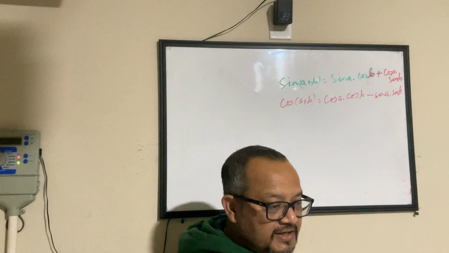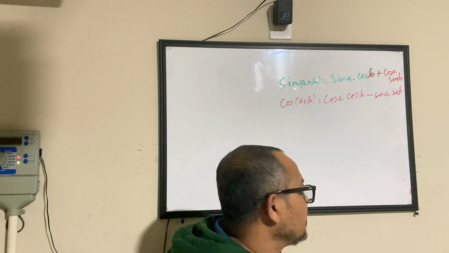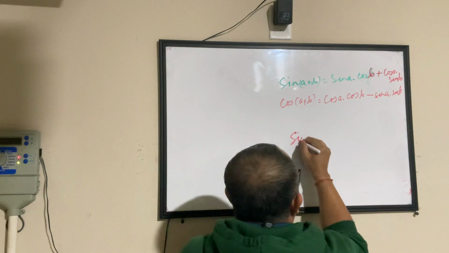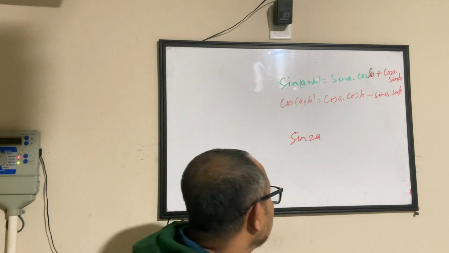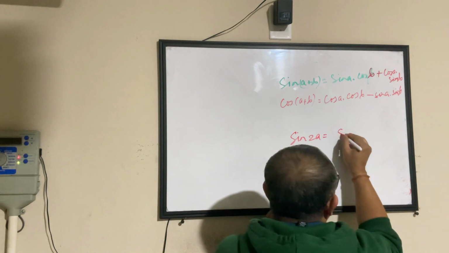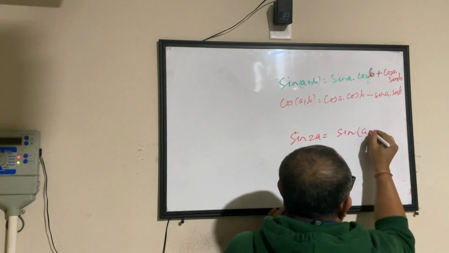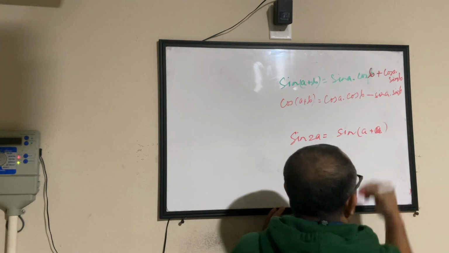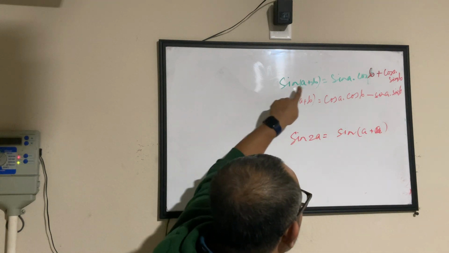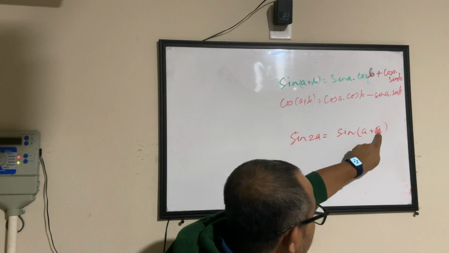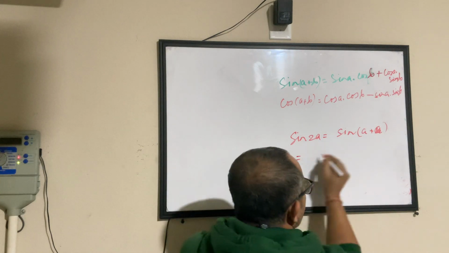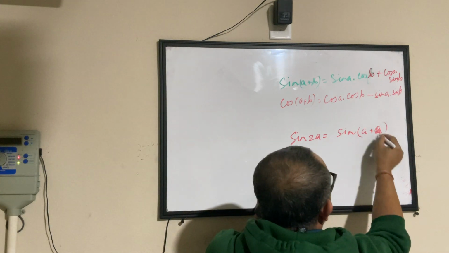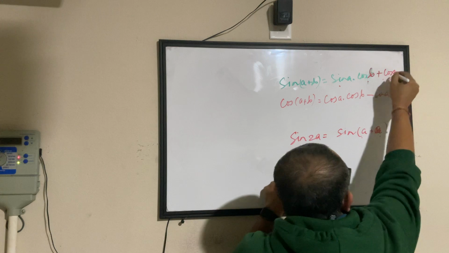Now, if I say find out sine of 2a, you can simply apply this. Sine of 2a you can always say will be equal to sine of a plus a. And now you know sine of a plus b, again your b and a are same. You can apply this and say sine of a plus b equals sine of a times cos of b plus cos of a times sine of b.